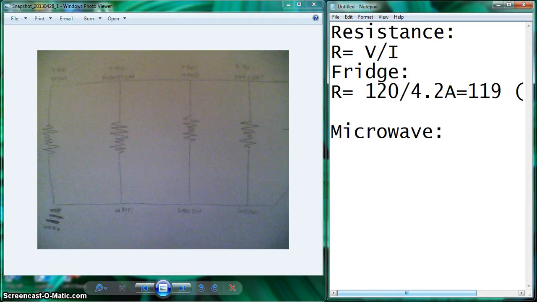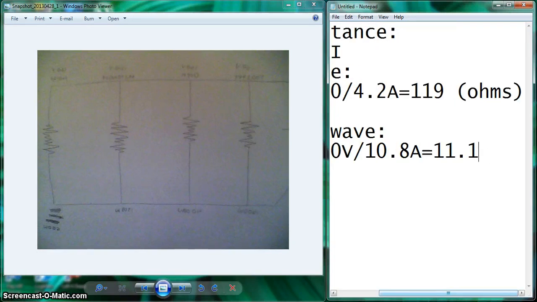Now we can do the same thing for the microwave. All you need to do is put 120 volts over the current, which is 10.8 as we found before, and it should equal about 11.1 ohms.